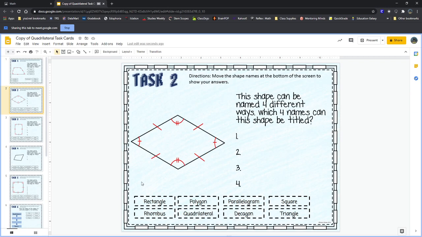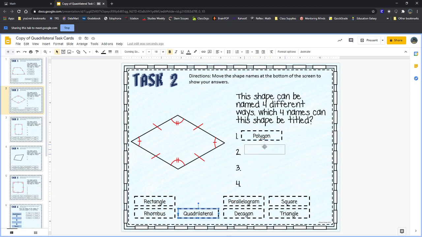Okay, the next shape. Here's what they show us, and this time they tell us that this shape has 4 names that we could call it, 4 different things that it could be or could be described as. A lot like task number 1, polygon is one of the names because, again, it's got more than 2 sides, no openings, it's a closed shape.